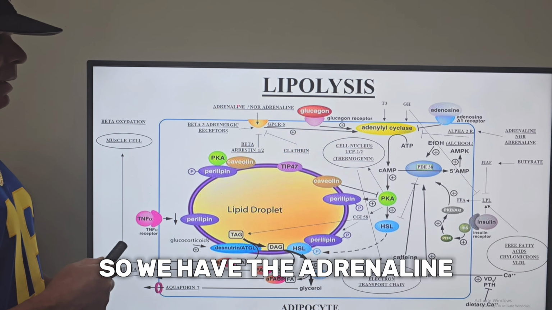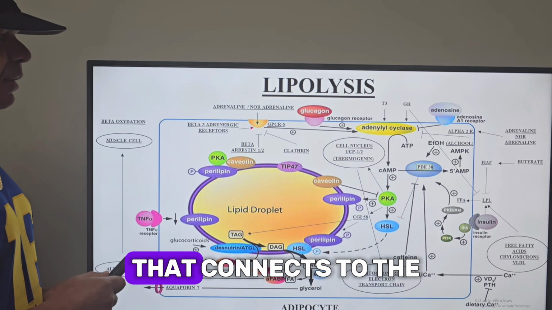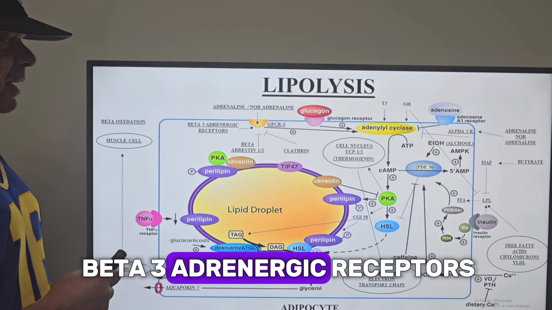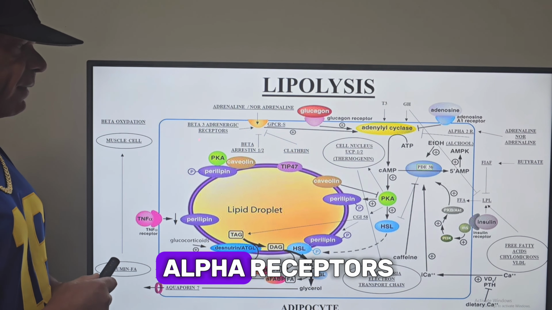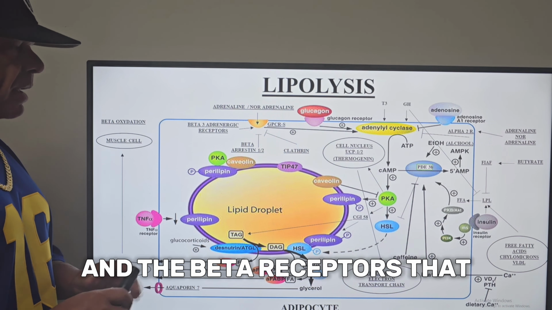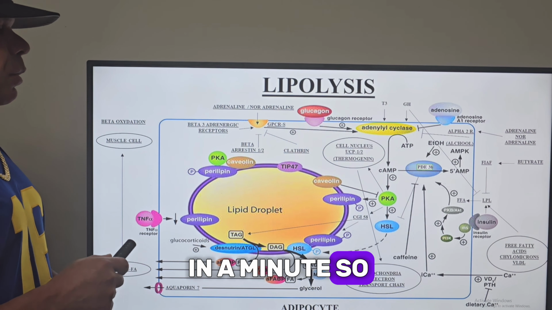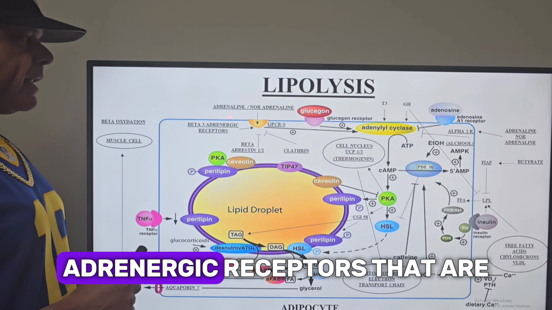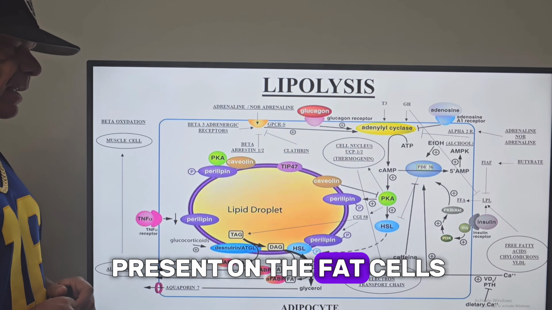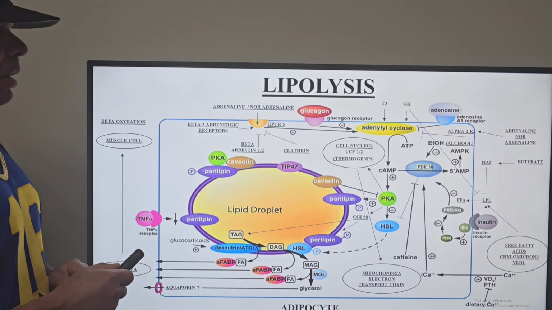So we have adrenaline, basically, that connects to the beta 3 adrenergic receptors. Remember, we have the alpha receptors and the beta receptors, and I will explain the difference between them in a minute. The beta 3 adrenergic receptors are present on the fat cells and in your bladder.